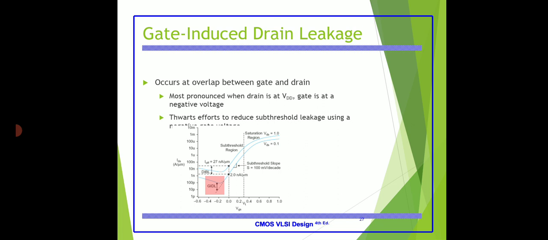It is most pronounced when the drain is at VDD and the gate is at negative voltage. So these efforts can reduce even a small amount of subthreshold leakage, and the negative gate voltage helps, as given in this graph, to reduce the subthreshold leakage present in the negative region.